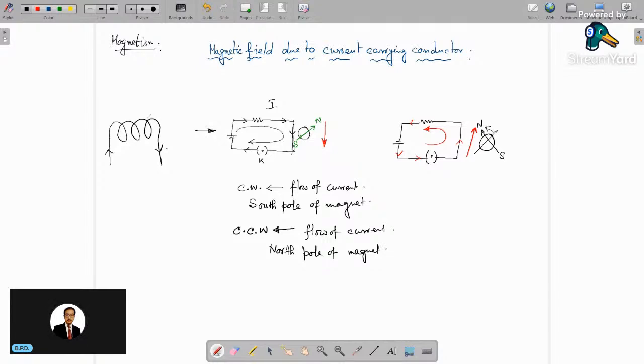Clear? আগের দিন এই কনসেপ্টটা আমি বলেছিলাম তোমাকে। কাউন্টার ক্লকওয়াইজ এবং ক্লকওয়াইজ এর কনসেপ্টটা, এটা মনে রাখার একটা কায়দা আছে। If we go for this figure, this is pointing in the south.